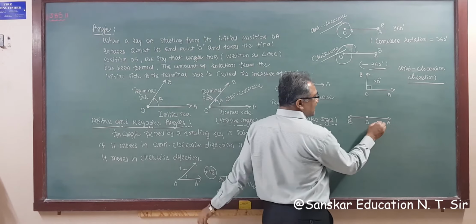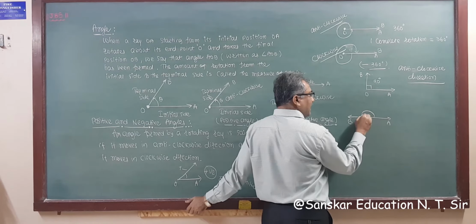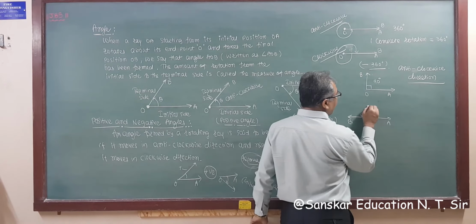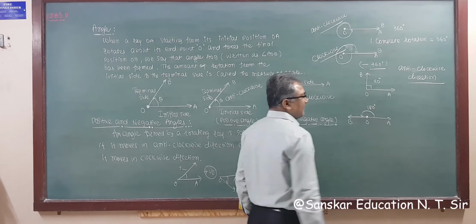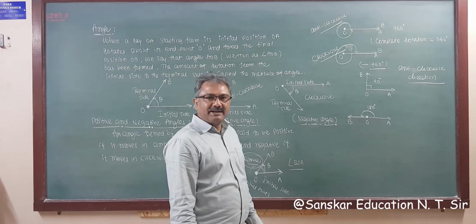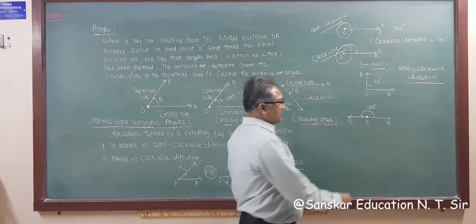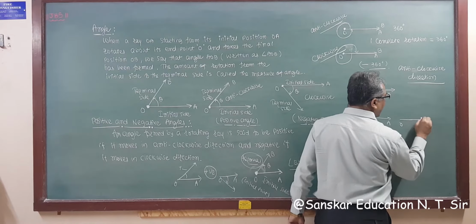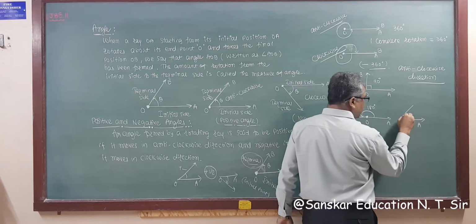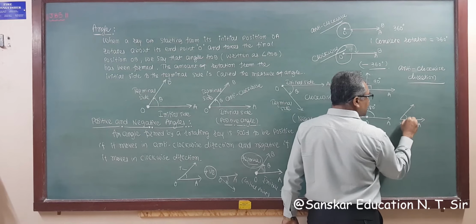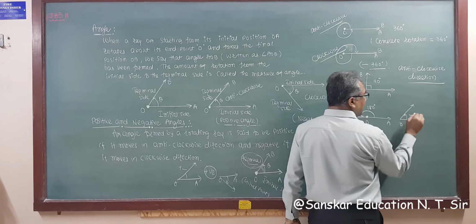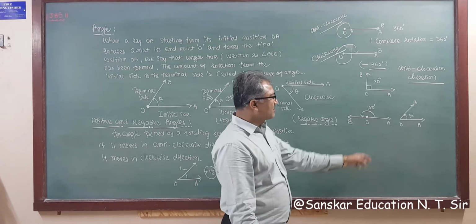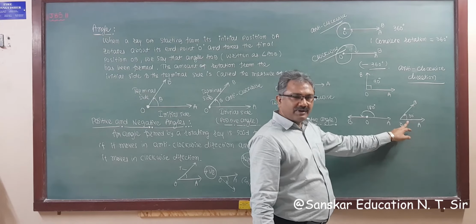This angle in anti-clockwise direction is called 180 degree, right? Suppose from here this is initial ray OA, and we move up to here, a rotation of 30 degree in anti-clockwise direction. This is your terminal side OB. Then this is called a 30 degree angle, right?